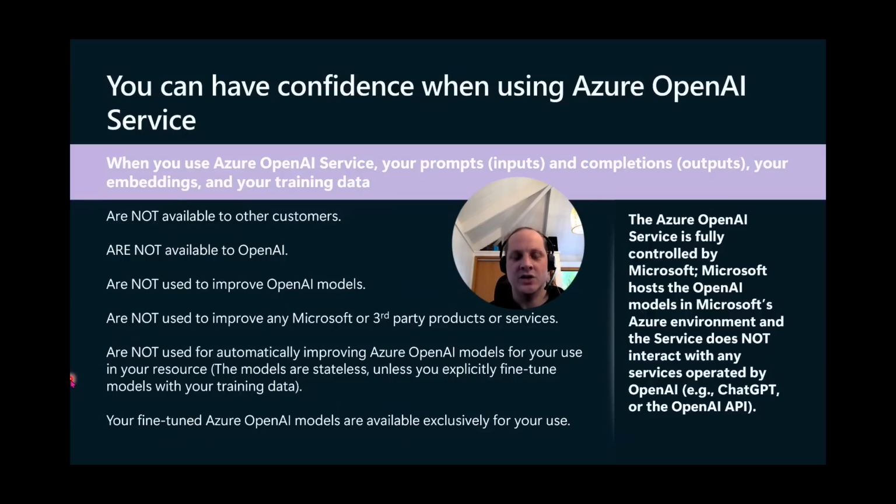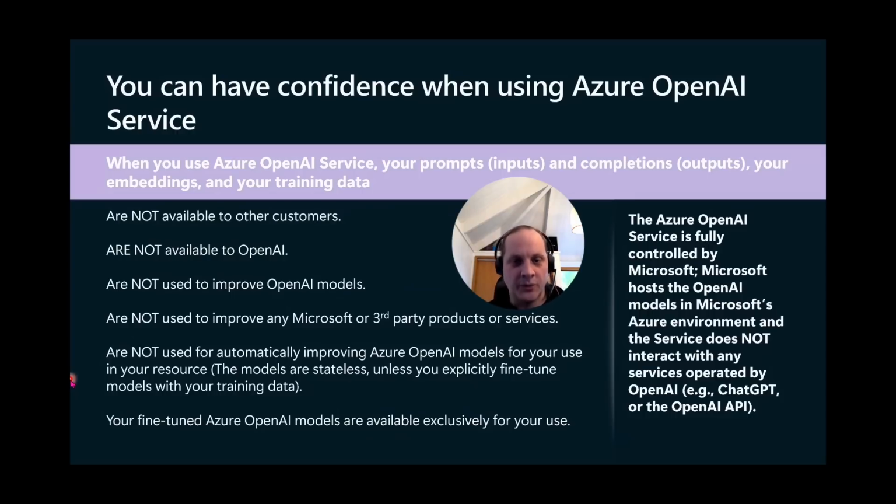The data that you send to and from the model, those API requests, are not available to other customers. They are not available to OpenAI, and they're not used to improve or train the models in any way, shape, or form. They're not used to improve any Microsoft or third party products or services.